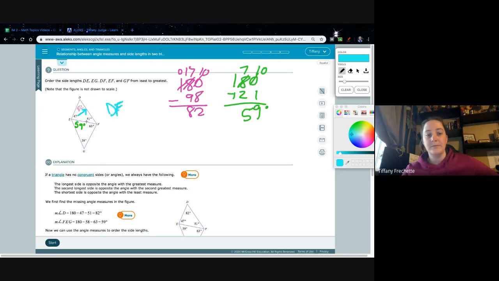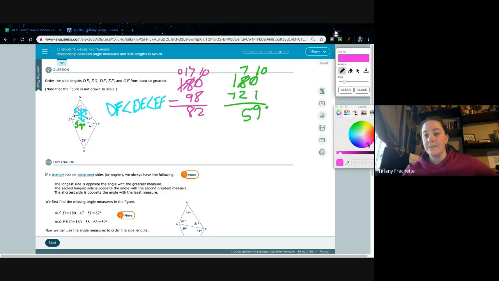The second least measure would be 51, and I'm going to go across to DE. So DF is less than DE, which is less than this last measure, 82, which is the biggest one. So I'm going to go across here to EF. This is my top triangle.